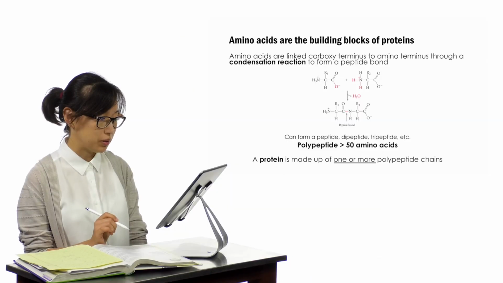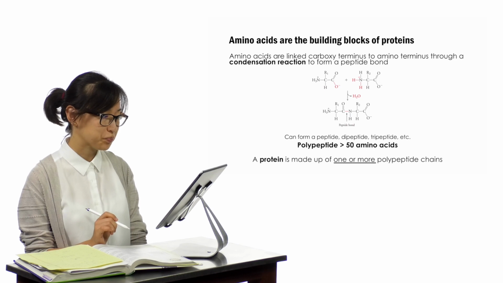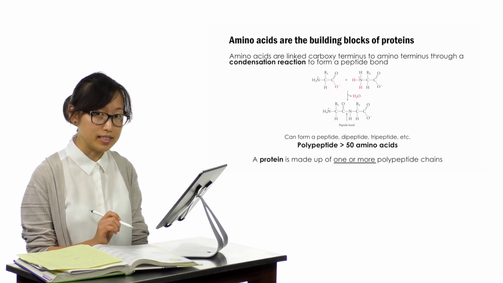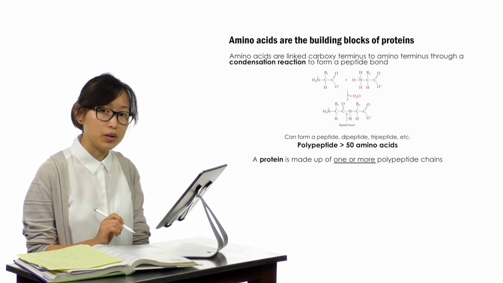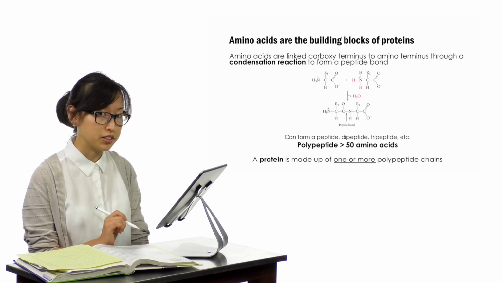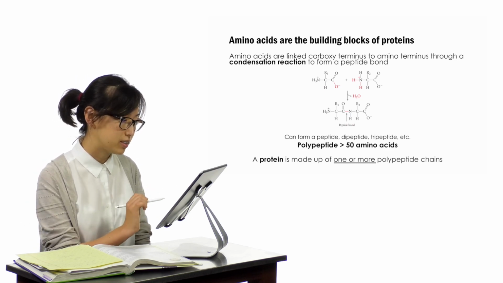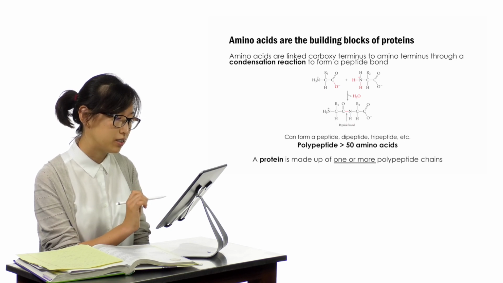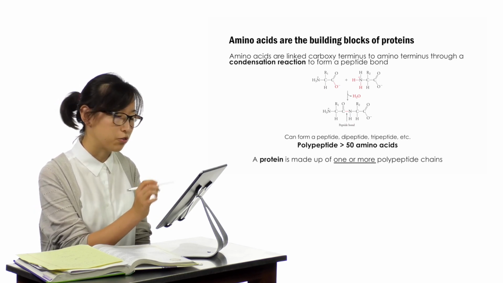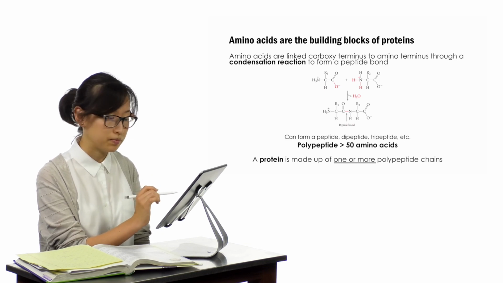Proteins are composed of amino acids, and amino acids are shown in this picture. The carboxy terminus of the amino acid is linked to the next amino acid through a peptide bond, which is formed by the condensation reaction. You can see here that in the condensation reaction, as the name implies, a water leaves from the formation of this peptide bond.